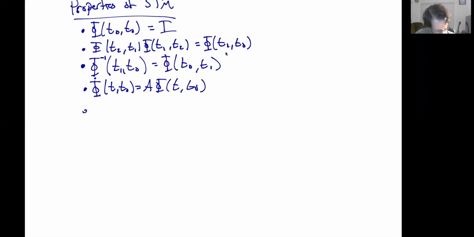And then the last one is that the derivative of phi of t naught and t is equal to minus phi of t naught and t times A.